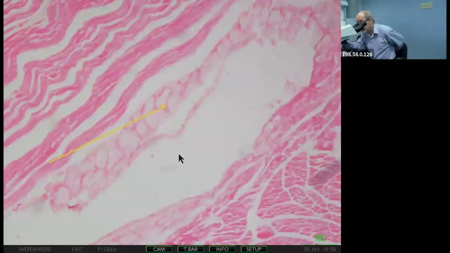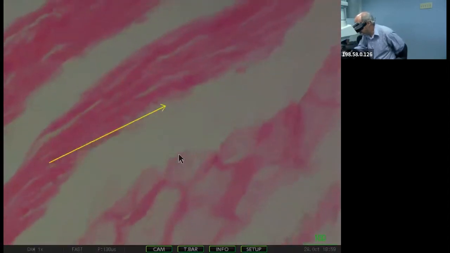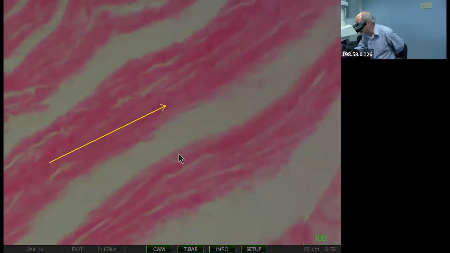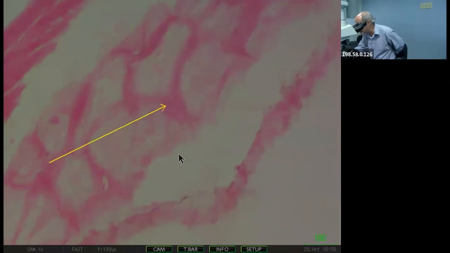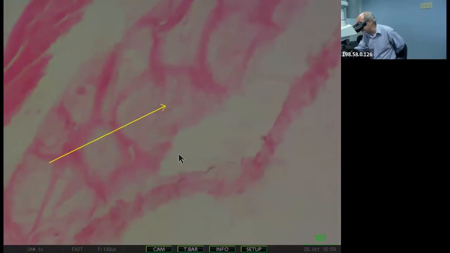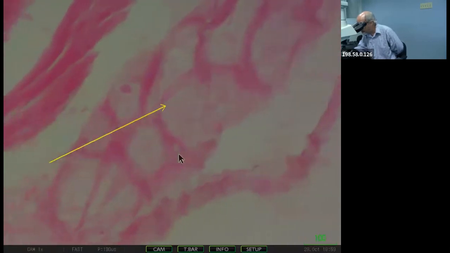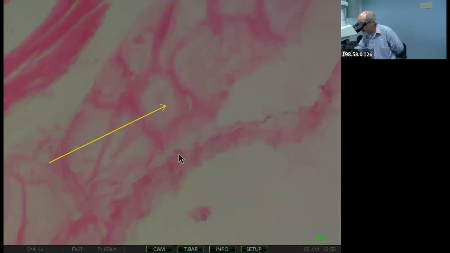Here is a normal cardiac tissue, and here you have the cells, which are much bigger. And you see the cytoplasm is almost devoid of staining because you have a lot of glycogen in these fibers, and these fibers are called Purkinje fibers.